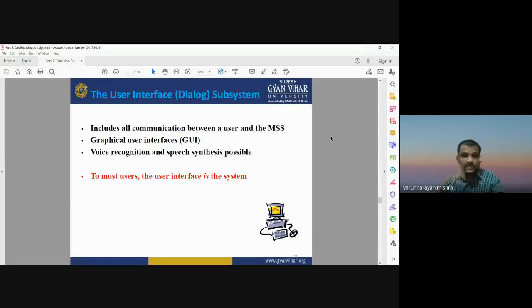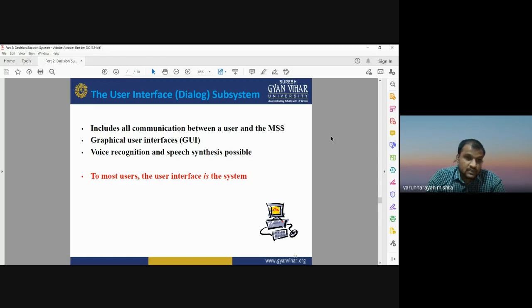All the options are visually and directly available for the user, so that they can easily access any option available in the main menu bar. So the user interface includes all the communication between the user and the support system.